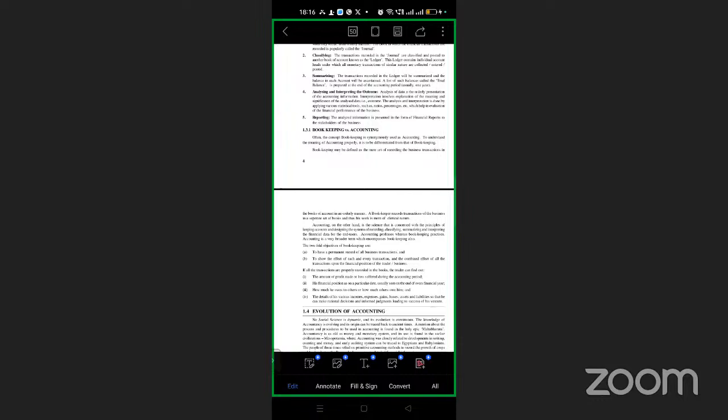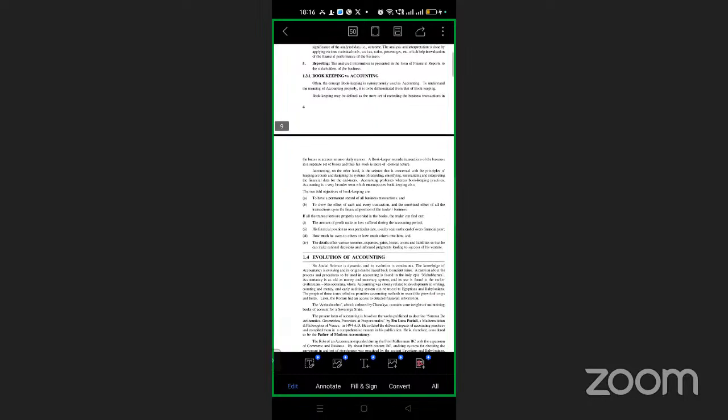These activities are not done in bookkeeping. Whereas in accounting, they will record, classify, summarize, interpret, and also give the outcome of that report. That is the difference between bookkeeping and accounting.